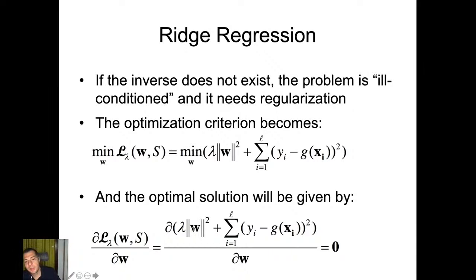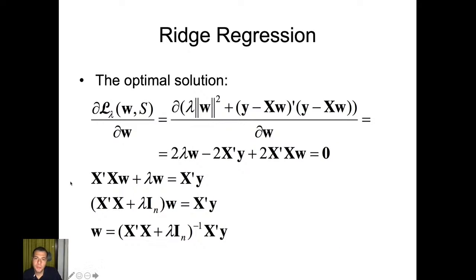So here, if we think about the components in w, in the norm we have the square of each component in w, and when we compute the gradient, this translates to 2 times w.